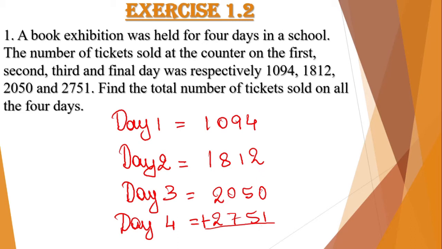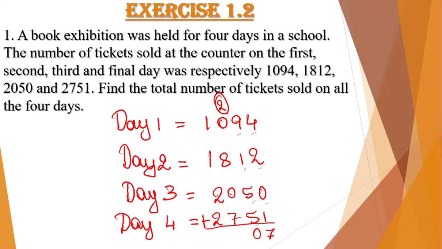Now let's start adding. So 4 plus 2 plus 0 plus 1 is equal to 7 and 9 plus 1 plus 5 plus 5 is equal to 20. So 0 and 1, 2 carry over. So 2 will be carry over.